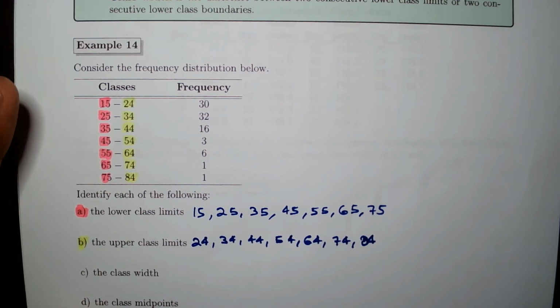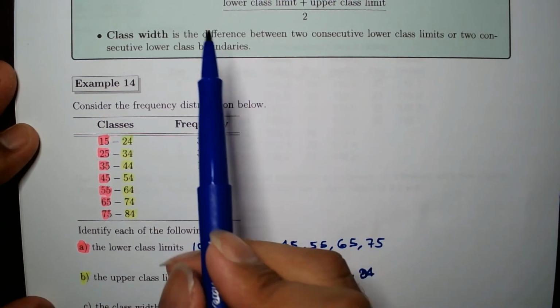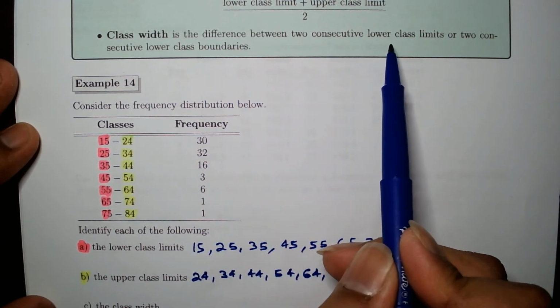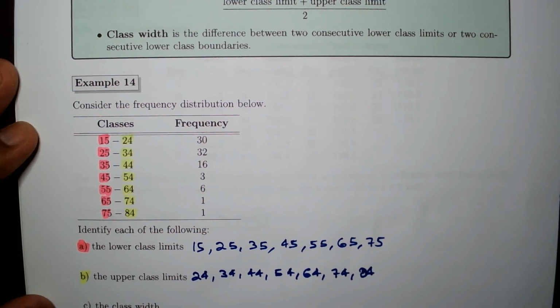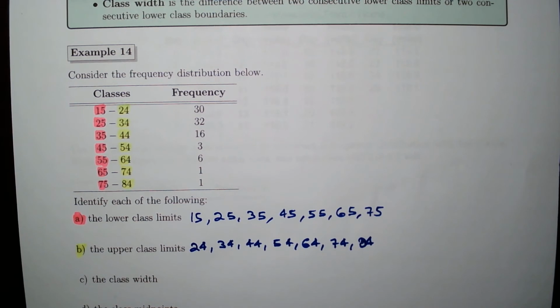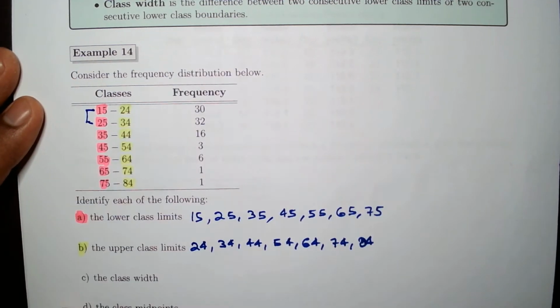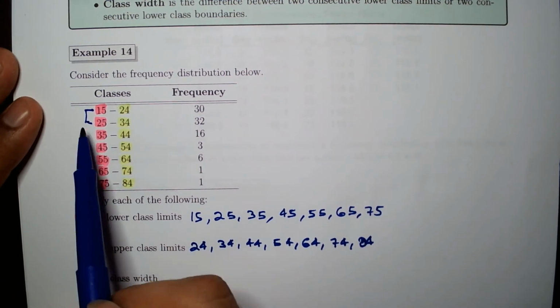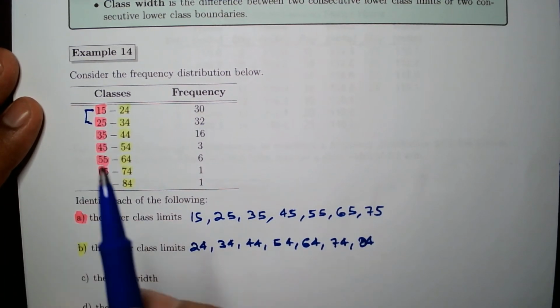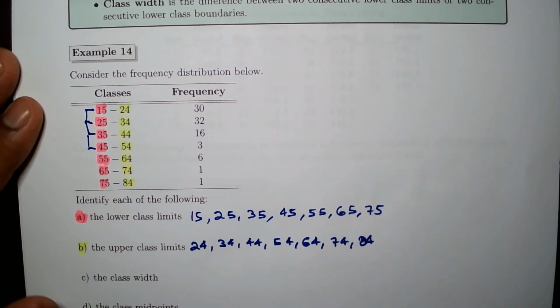The class width. How do we get the class width again? The class width is the difference between 2 consecutive lower class limits or 2 consecutive lower class boundaries. So in this case, we find the difference between 2 lower class limits, like 25 minus 15, that's going to give us 10. 35 minus 25 is also 10. 45 minus 35 is also 10.